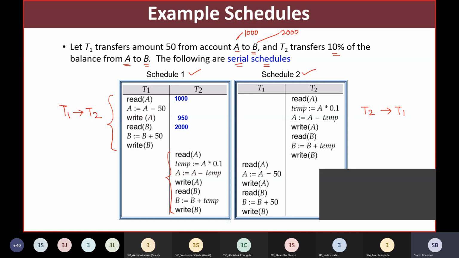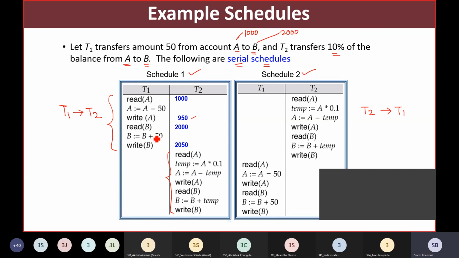So 50 gets added. Transaction T1 is transferring 50 from A to B, so A gets decremented and B gets incremented. B's balance gets incremented by 50, and finally T1 is writing the balance 2050.